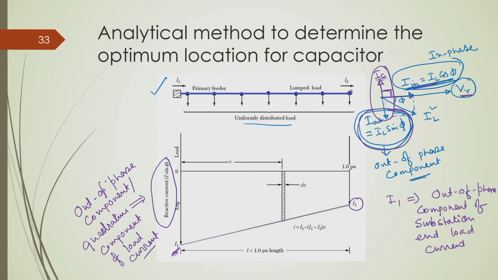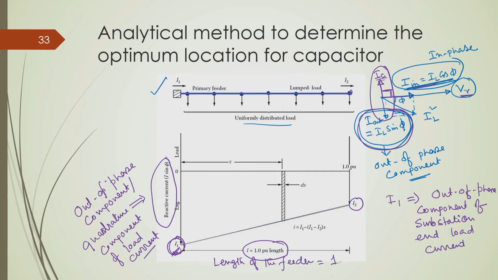Okay. And we are assuming that this current will vary throughout this length, and we are assuming that the length of this distribution feeder is 1 per unit.